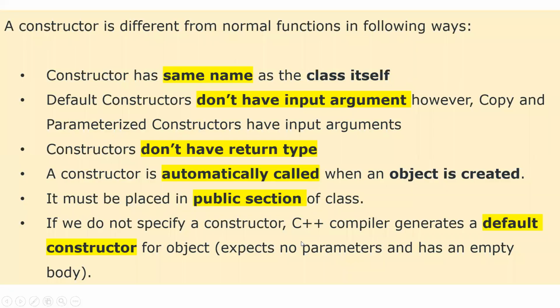Then some features of the constructor. Constructor is different from normal functions in the following ways. These are some of the ways constructors differ from normal functions or normal methods. I am using both names.